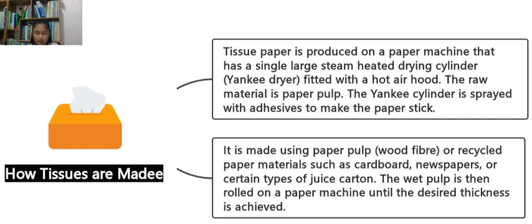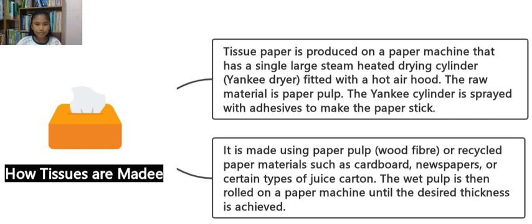And we need to have a great enough machine to roll it so that it goes into the desired thickness. Because a paper machine needs to be really hardworking to achieve the desired thickness.